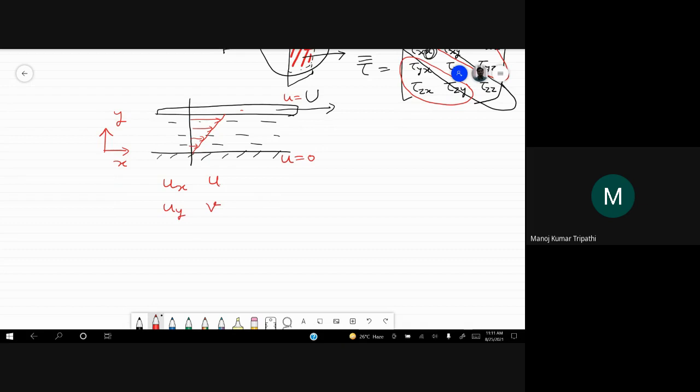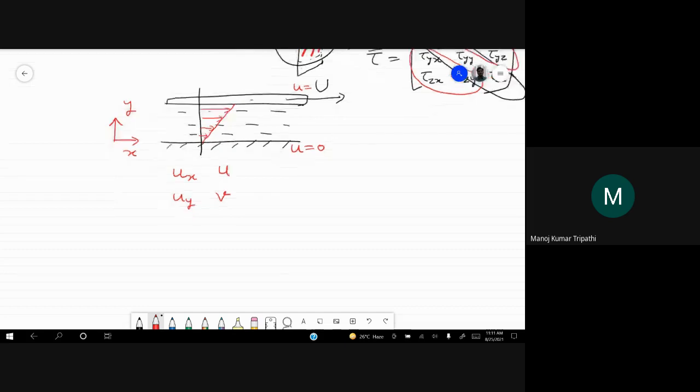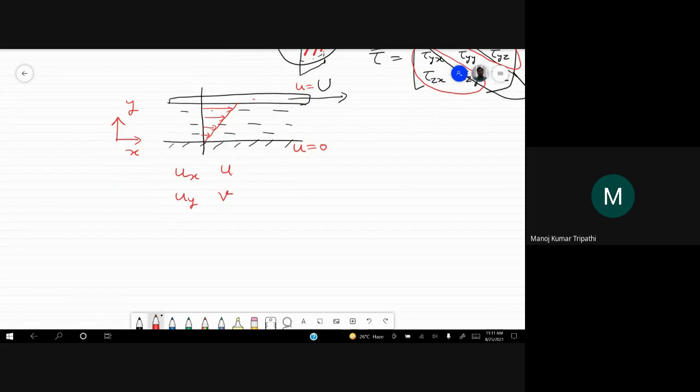Okay. So here we are saying that velocity is linear. This we will derive later on in later classes. So what is happening here, you can notice that the fluid particles tend to be attached to the surface they are at.